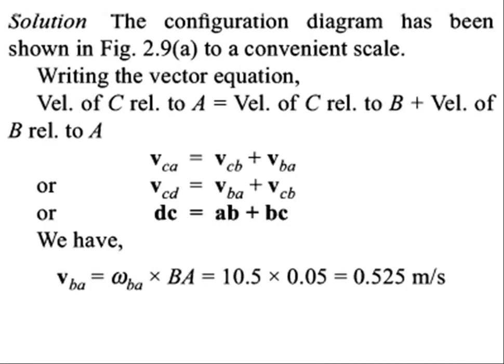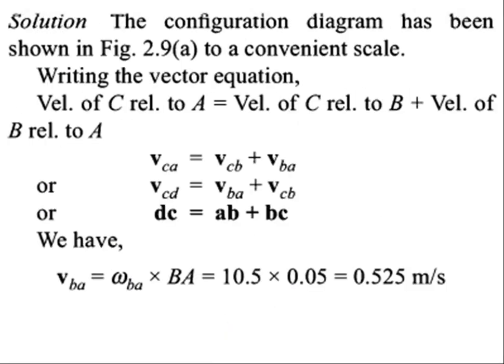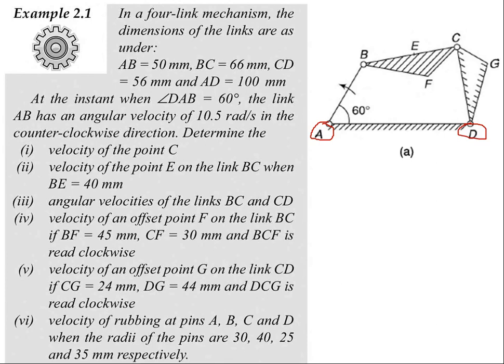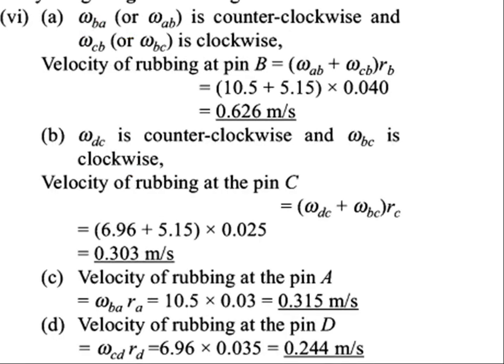Okay, now we will see this. So in this case also you can see B is having the link from A to B and B to C also, and C also from BC and then CD. A and D are fixed ones, so only one side the link is there. Okay, so same thing we will solve here. So omega BA is counterclockwise and omega CB is clockwise.